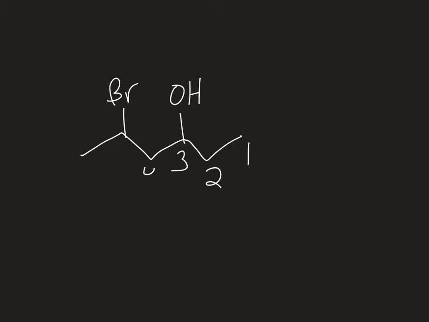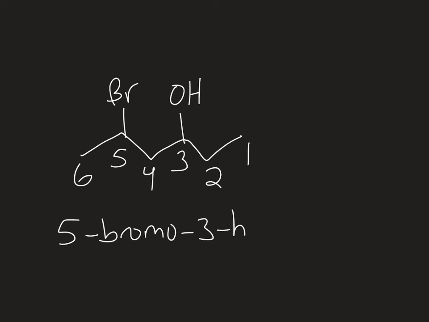And so I would number from the right because the alcohol is the higher priority group, so I number in a way that gives it the lowest possible locant. So this is going to be a hexanol derivative. It's 3-hexanol, and then I've got a bromo substituent. So out in front, we would have 5-bromo, and then again, I could put the locant either here or within the chain name, 3-hexanol.